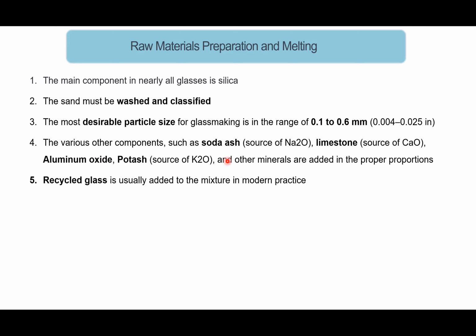And then you have to add various other components, as we already talked about, in proper proportion. Sometimes recycled glass is also added to the mixture in modern practice, to get rid of waste.